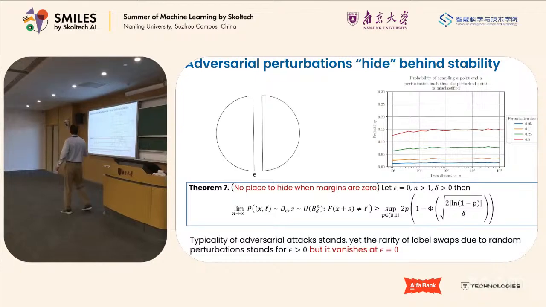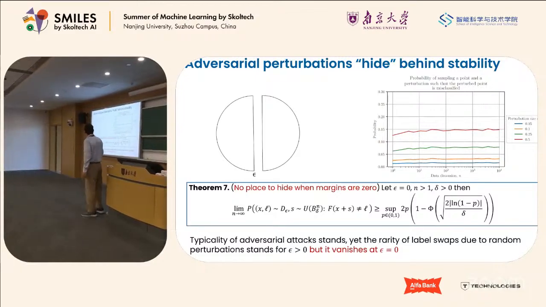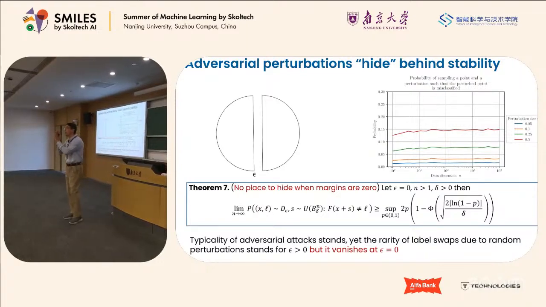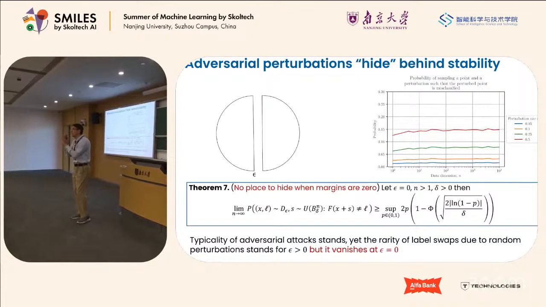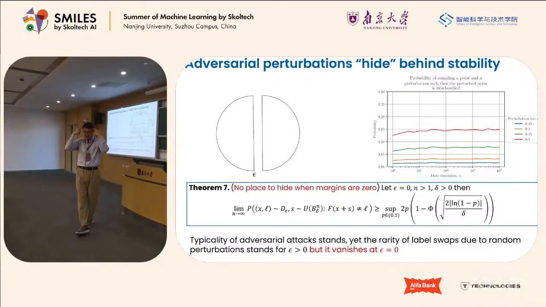So let me read this statement first. Suppose that you have these classes now, not like balls, but let's say half balls, and I put some epsilon between them. And what if I let the epsilon be 0? There is no margin between classes whatsoever. We know that everything concentrates.